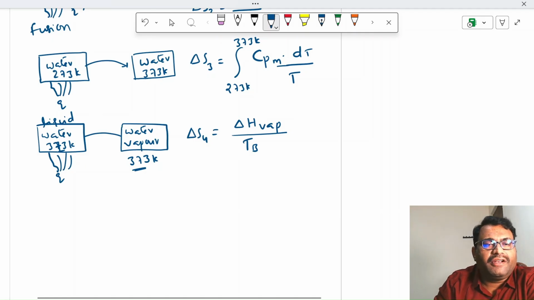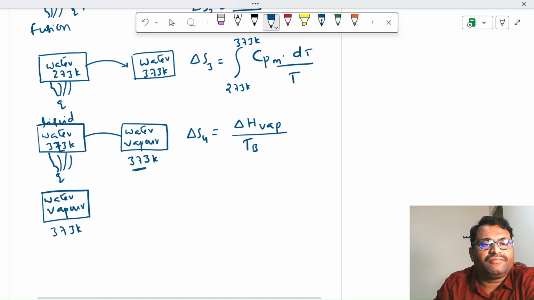Okay. Next, fifth step. In the fifth step, what happens? Now we have water vapor at what temperature? 373 Kelvin. Now you are supplying heat energy, and whatever heat energy you are supplying will be used to raise the temperature of water vapor.